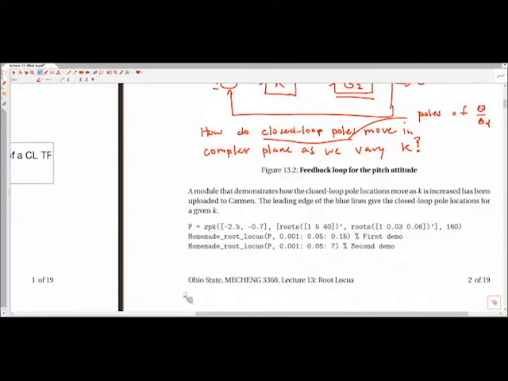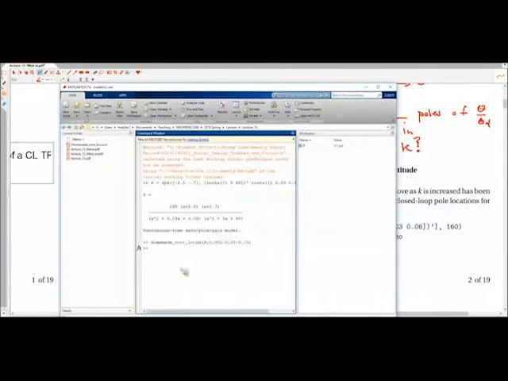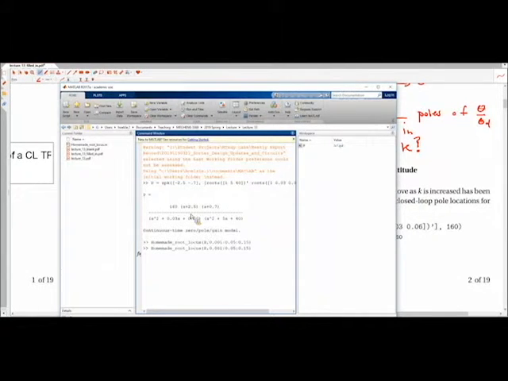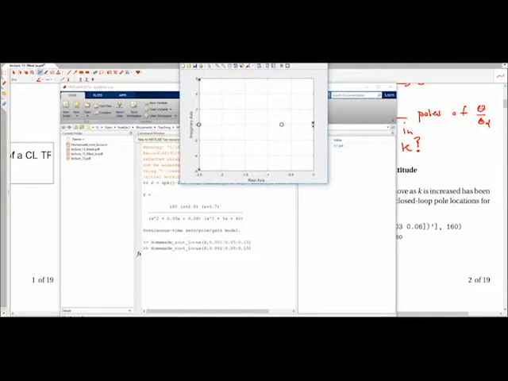So the very first one, if this is our plant transfer function, which matches the statement in the problem, and I look at my homemade root locus plot, the first thing it does is plot the open loop poles and zeros. We had complex conjugate poles near the origin, complex conjugate poles farther away from the origin, and two real poles in the system.